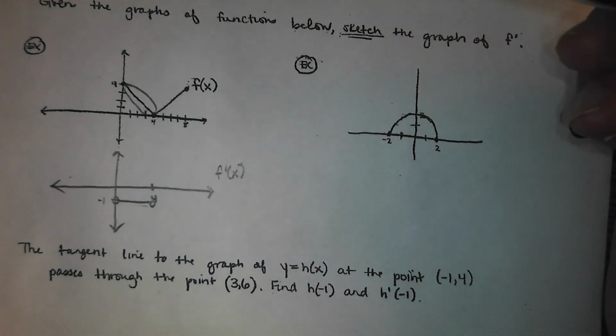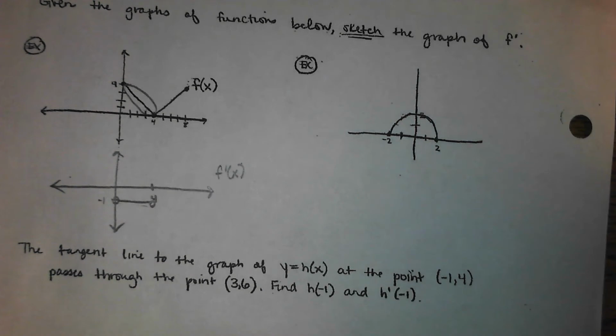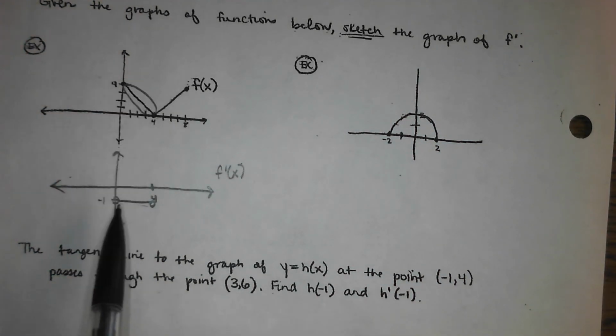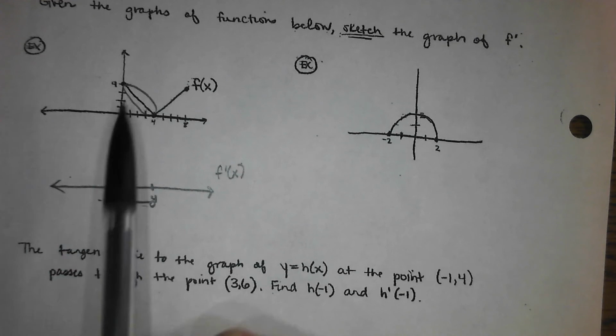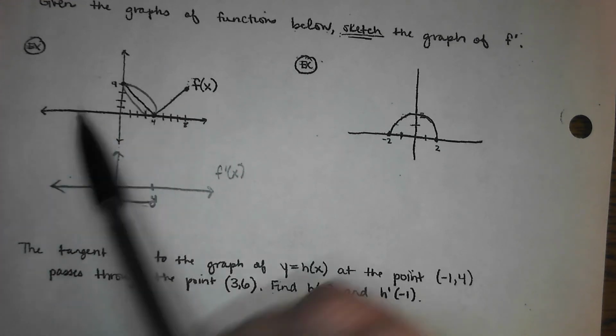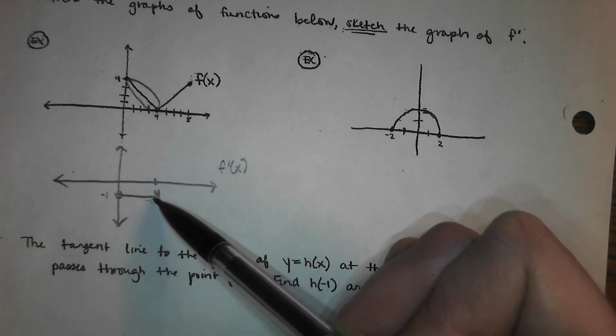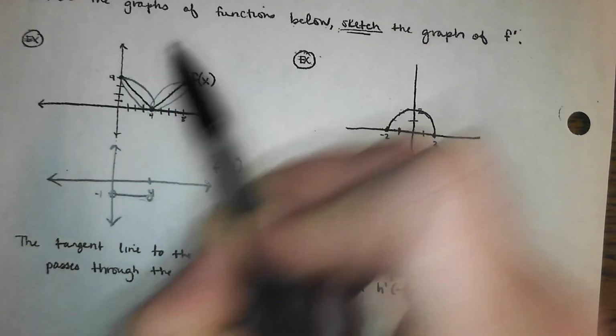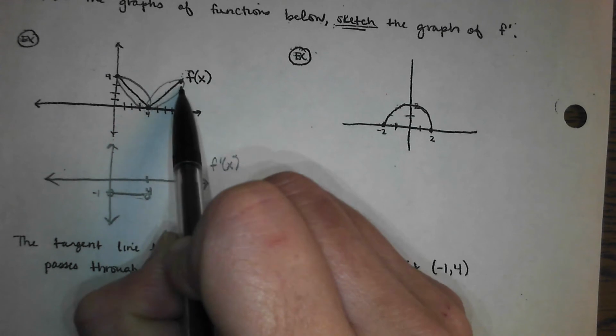Now, we've talked about this in the PreCalc book, but let's talk about it again. Functions do not have slopes at endpoints, so that's an open circle. Functions also don't have slopes at sharp corner points. So at 4 is an open circle. Because the slope changes drastically from this side of 4 to that side of 4.